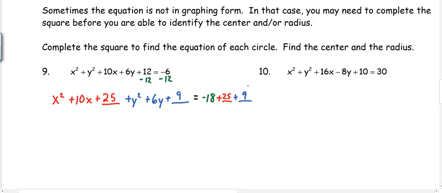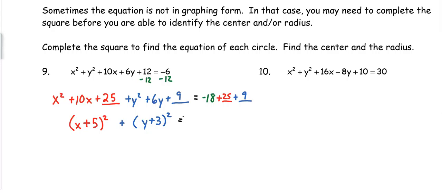So now that I have my information, I need to factor this. So remember, I can factor it as x plus 5 and x plus 5, which would just get me x plus 5 squared. And for y, I would get y plus 3 and y plus 3, which is y plus 3 squared, equals, I'm going to combine my numbers.